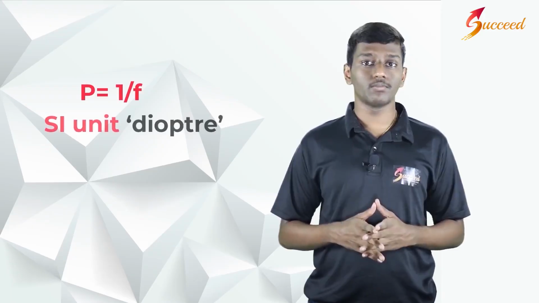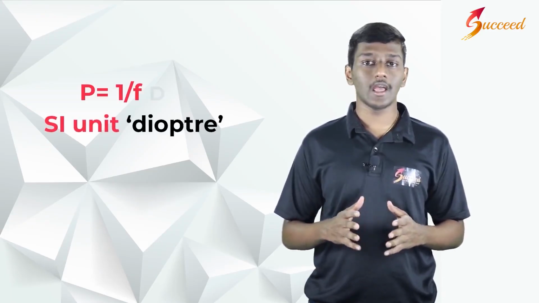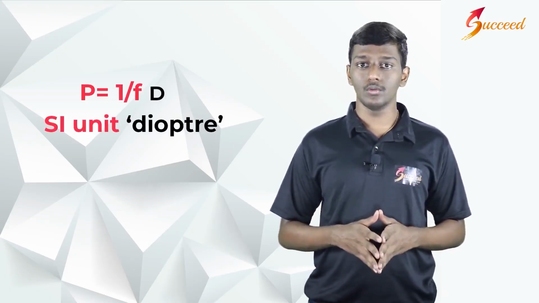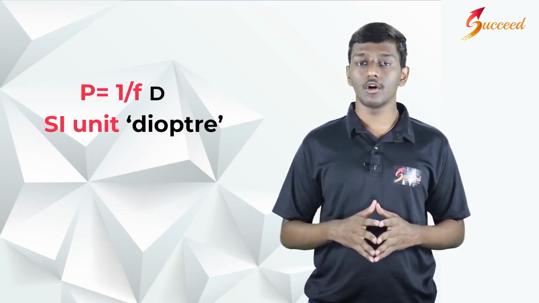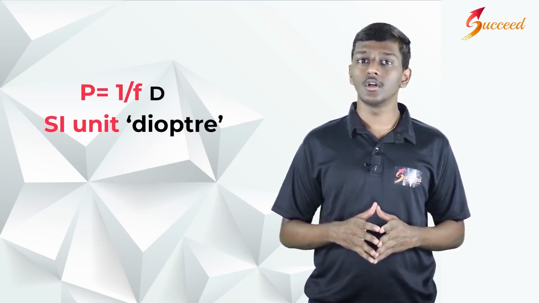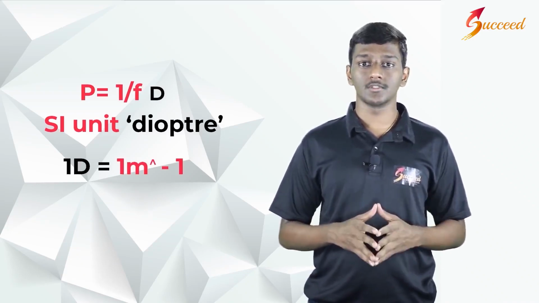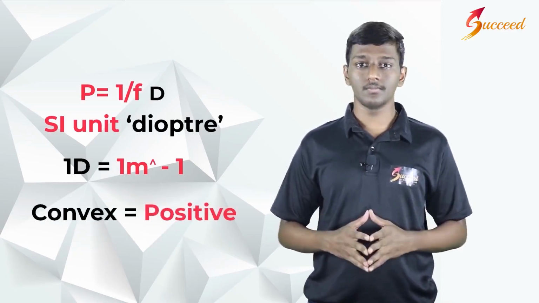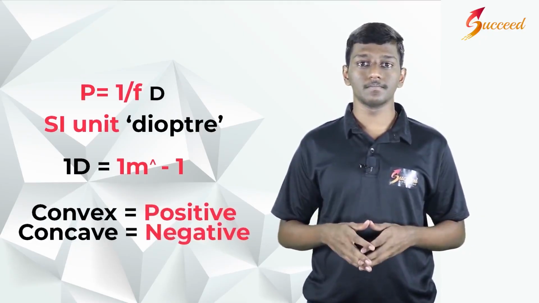The SI unit of power is the diopter, represented by capital D. 1 diopter is equal to the power of a lens with a focal length of 1 meter. So 1 D = 1 m⁻¹. Power of a convex lens is positive and that of a concave lens is negative.